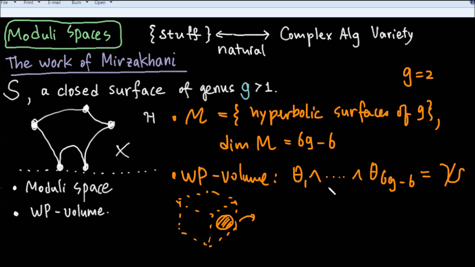The easiest way to visualize this volume element is using a matrix of 6g minus 6 by 6g minus 6. This is just like the Jacobian matrix you see in multivariable calculus, and this matrix takes care of all different parameterizations. Let me go back here. This is, let's say, a 6-dimensional object.